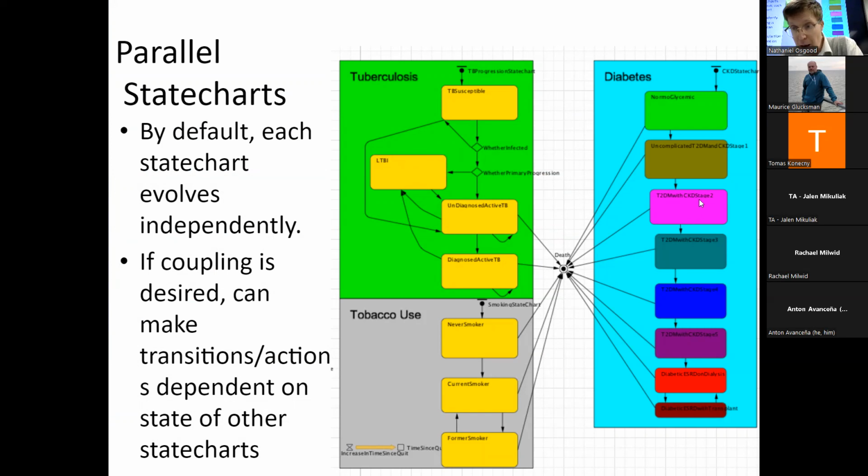They might have chronic kidney disease, stage 2, and be a current smoker. Another person might have undiagnosed active TB, be normal glycemic, and be a former smoker. So they're in exactly one state of each state chart at a given time.